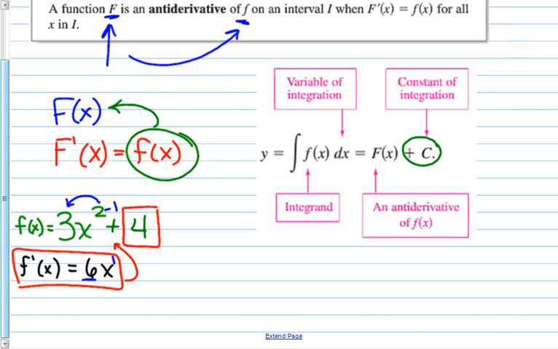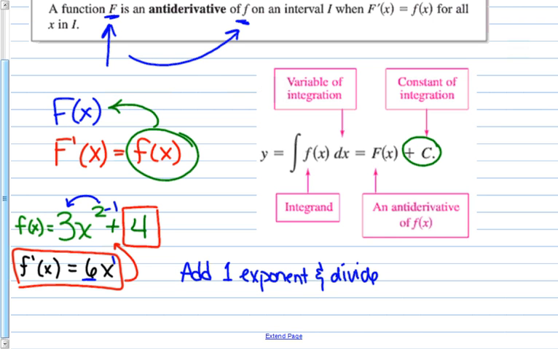If I work backwards, instead of multiplying by the exponent and subtracting 1, I'm going to go backwards and add 1 to the exponent, and divide.